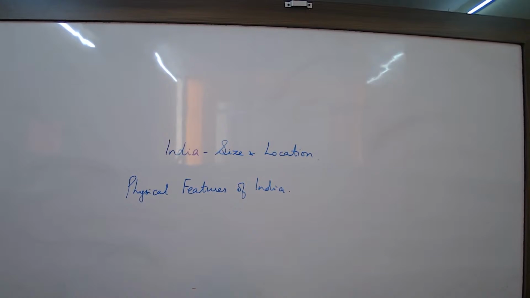Brahmaputra is where? This one here. So it extends from the Indus to the Brahmaputra. The Himalayas represent the loftiest and one of the most rugged mountain barriers of the world.